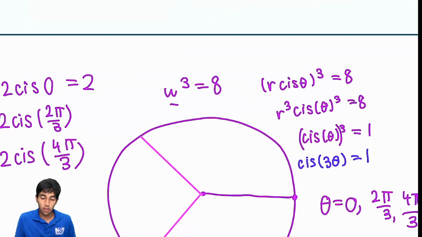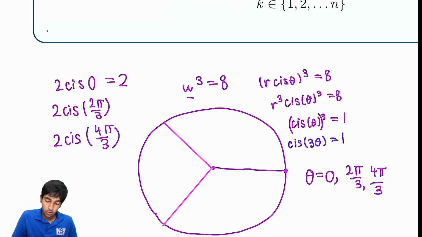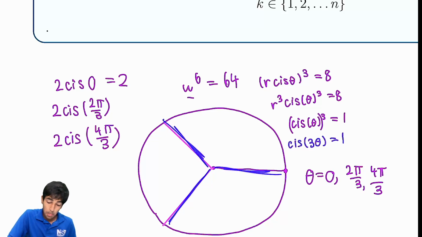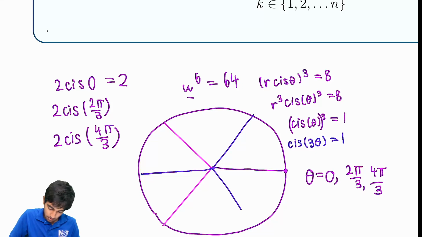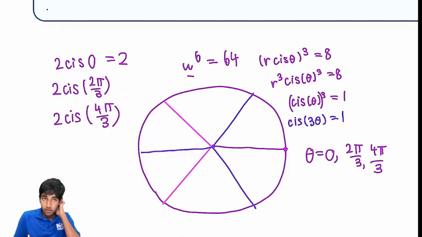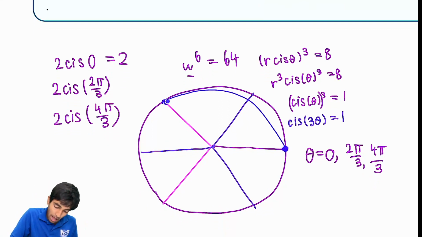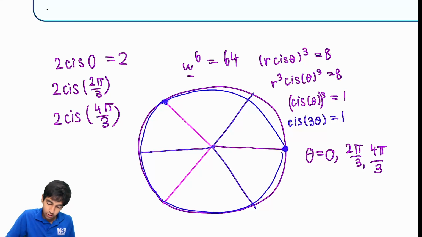And this is true in general, not just for 3, of course. And there are some other interesting properties about it. Now let's say we're looking at the solutions of w to the 6th equals 64. All of these are still going to be solutions, but there are going to be some additional solutions. In general, for the third roots of unity, you start at 0 and go up by 2 pi over 3 along the circle each time.